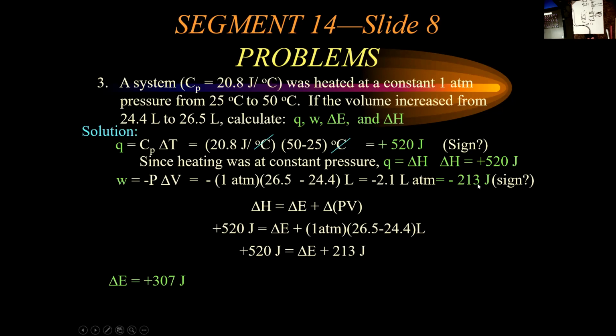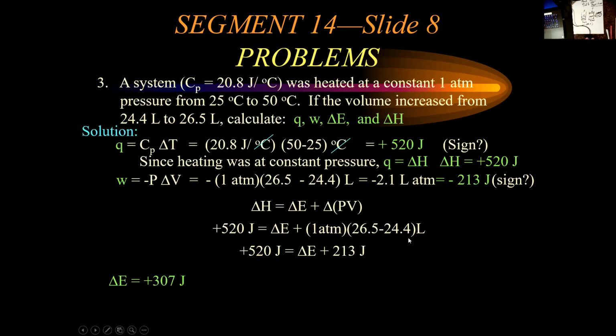So now I've got the value of delta H and the work from the experiment, so I can plug the numbers in and solve for delta E. Delta H is delta E plus delta PV. So there's the delta H we calculated earlier, and here the work term was negative 213 joules.